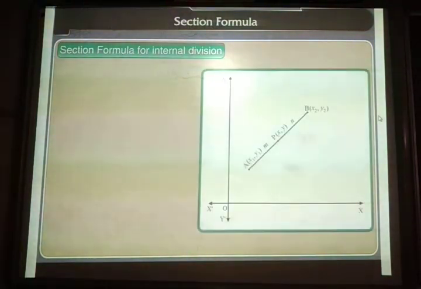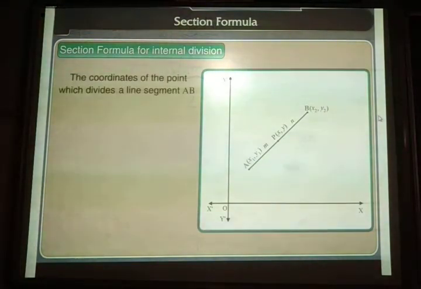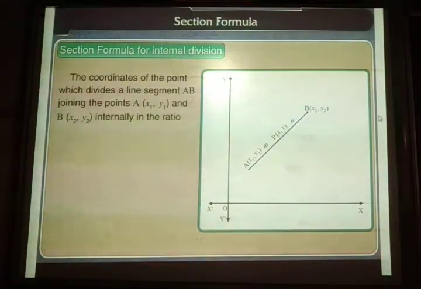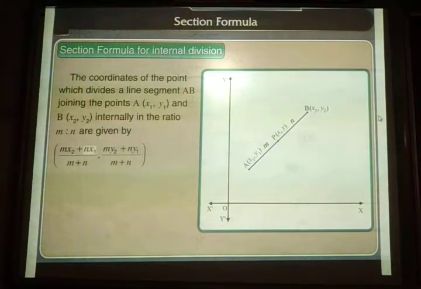Section formula for internal division. The coordinates of the point which divides a line segment AB joining the points A (x1, y1) and B (x2, y2) internally in the ratio m:n are given by (mx2 + nx1) upon (m + n) and (my2 + my1) upon (m + n).